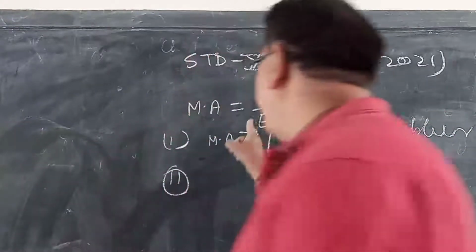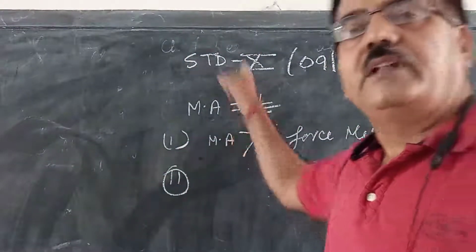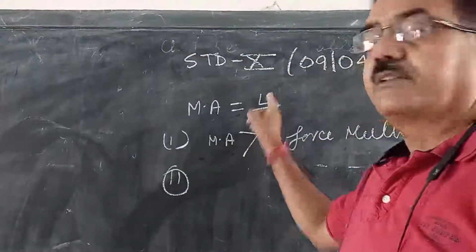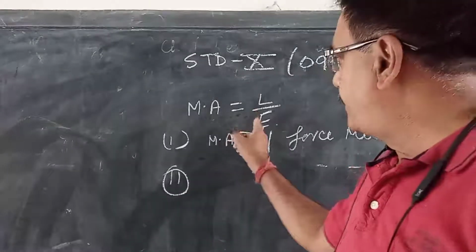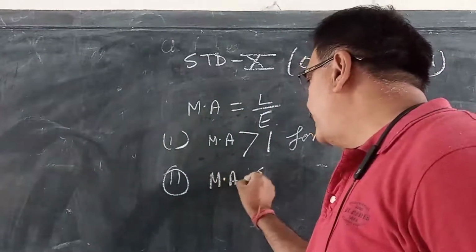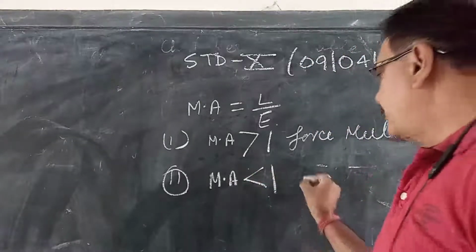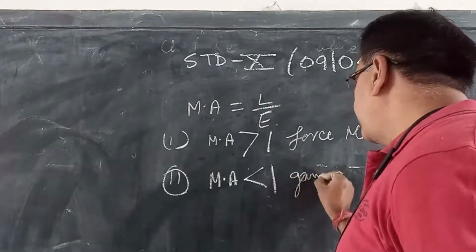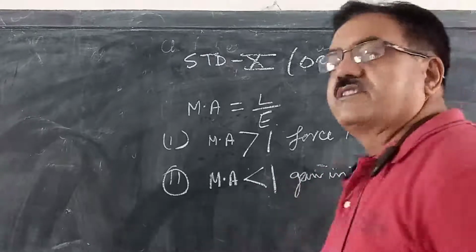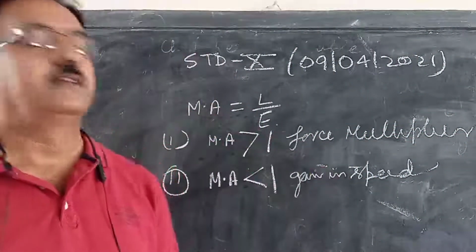Second, when we apply an effort more than the load, it means the denominator will be greater than the numerator. When the denominator is greater, mechanical advantage will be less than 1. And less than 1 is known as gain in speed. This is known as gain in speed.